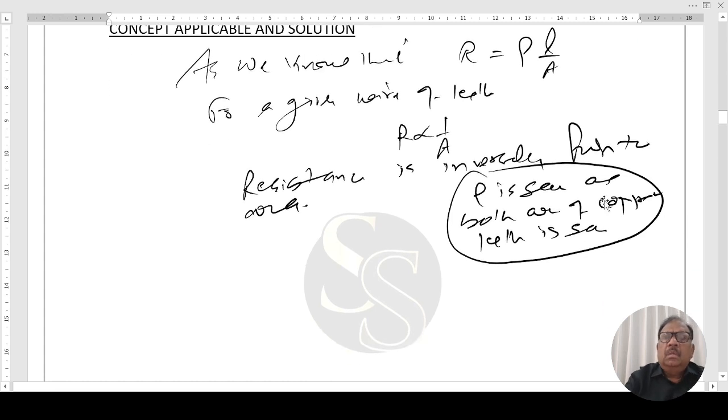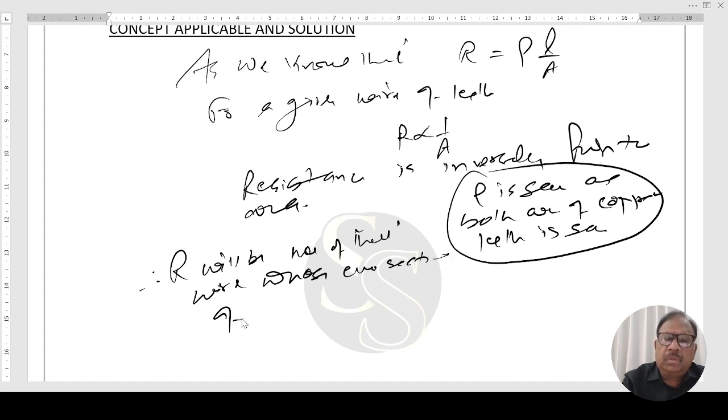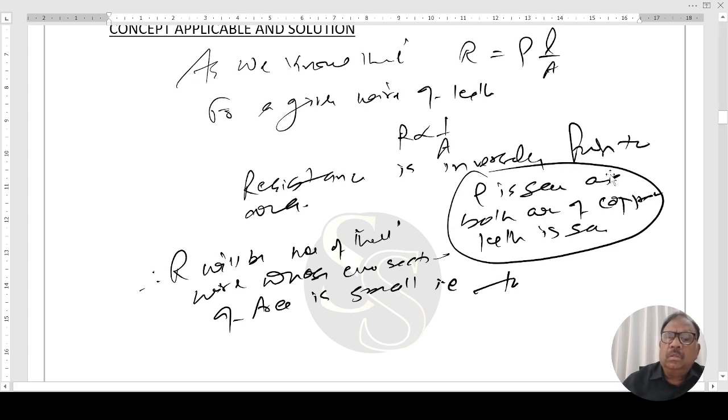Therefore, resistance will be more for that wire whose cross-sectional area is small, that is, the thinner wire.